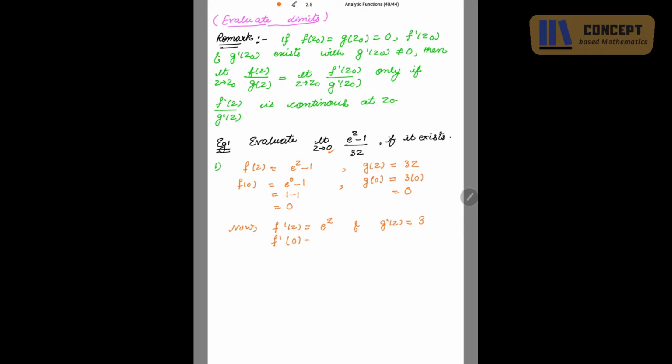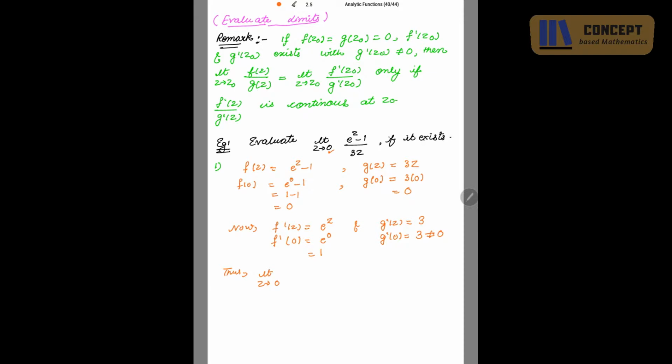F dash 0 is e the power 0, that is equal to 1, and g dash 0 is equal to 3, which is non-zero. We have seen in the remark that g dash z0 should be non-zero. So here g dash 0 is non-zero. Thus, now I evaluate the limit, that is limit z tends to 0 f z over g z.